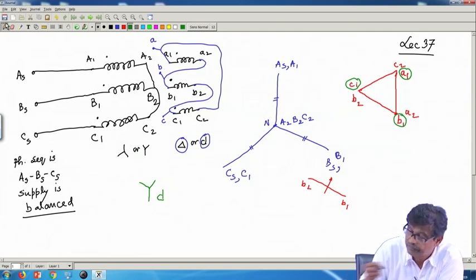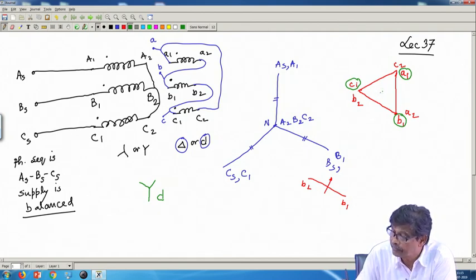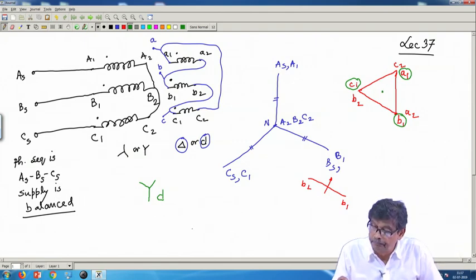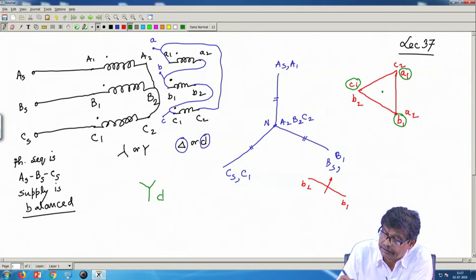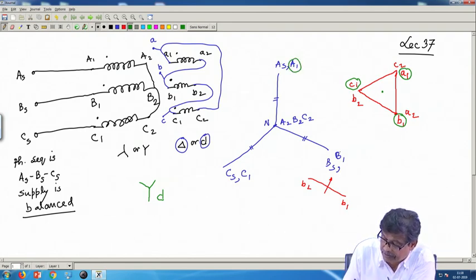Got the point? So, this is the neutral. Okay. So, you see that this triangle we have identified a1, b1, c1. Similarly, you circle the primaries, A1, with respect to this we will be talking.